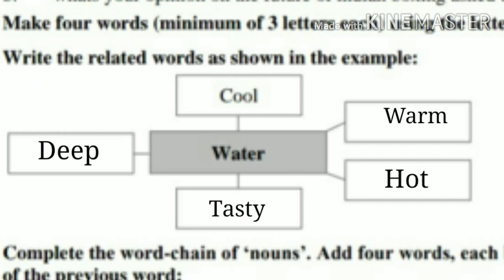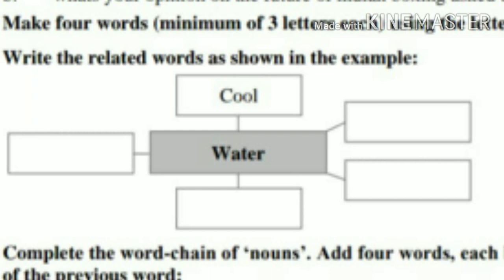So you have to write 4 words here. If they have given adjective, then you have to write all the adjectives there. If they are given adverb, then you have to write all adverbs. If noun is there, then you have to write all nouns in all the boxes. Is that clear? Okay. So this question also carries 2 marks.